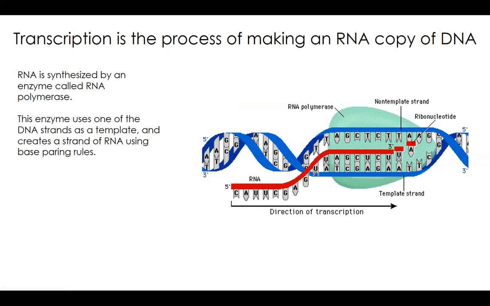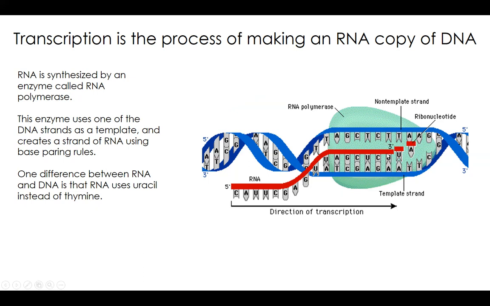So RNA polymerase will use one of the DNA strands as a template. This is called the template strand, and we're going to create an RNA strand. We're going to add on RNA nucleotides or ribonucleotides using base pairing rules. One difference, however, is that instead of using thymine to pair with adenine, we're going to be using uracil.